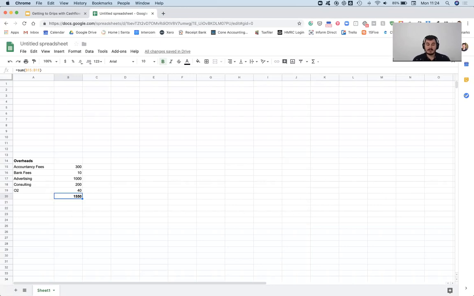So these are what we generally call fixed costs. And as I mentioned before, they tend to not really fluctuate too much in terms of sales level. You might need to upgrade things as your business grows, but it's not a direct effect.